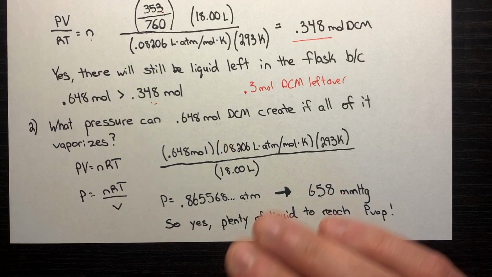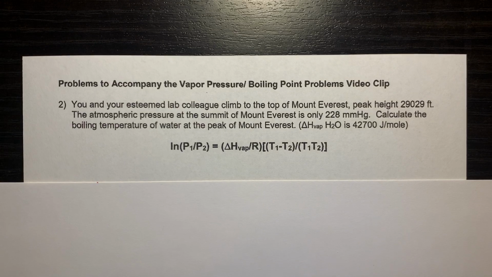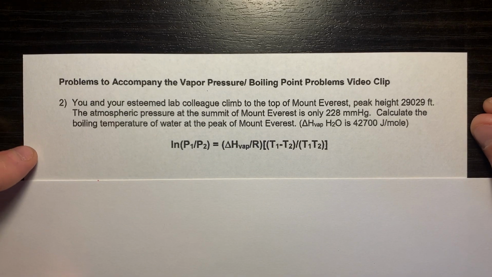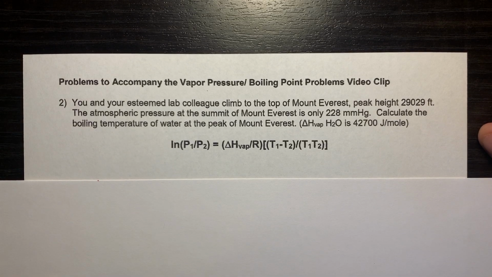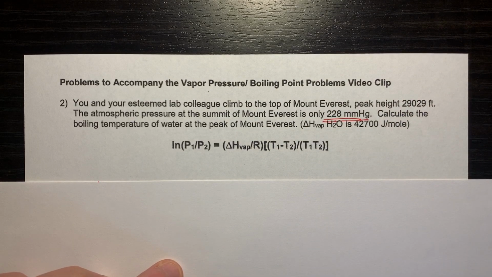Okay, let's take a look at a second problem. This one's actually a little bit more straightforward. It's honestly more of the plug and chug variety. Given a set of data points, we're being asked to solve for some unknown information. So imagine that you and your esteemed lab colleague travel to the top of Mount Everest, where we know that the atmospheric pressure, or the external pressure, is only 228 millimeters of mercury.